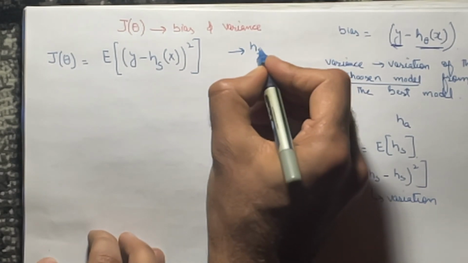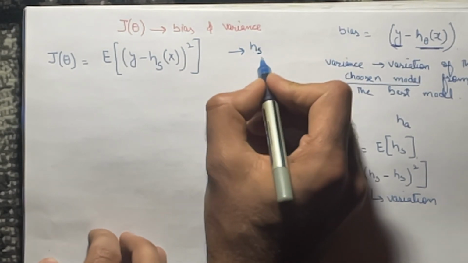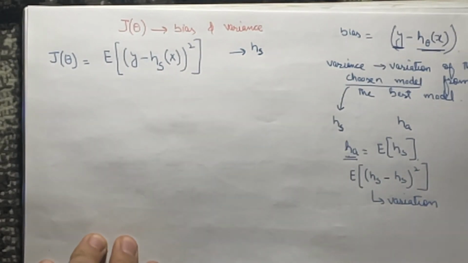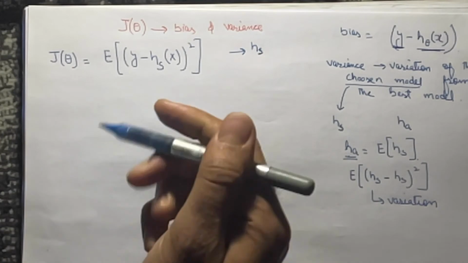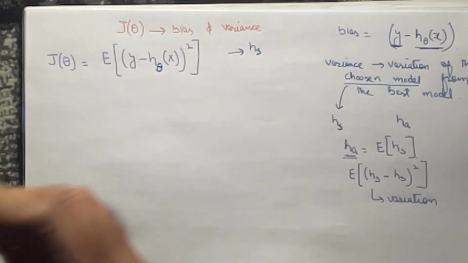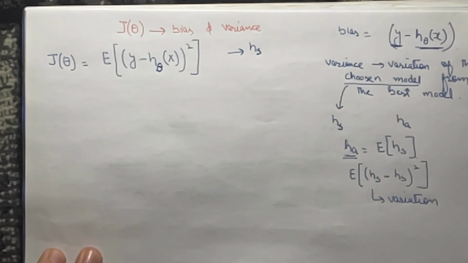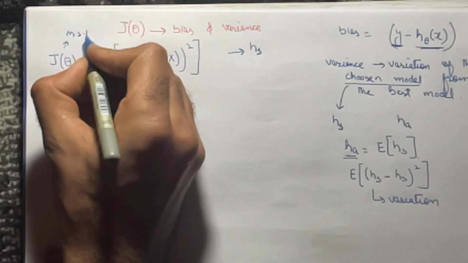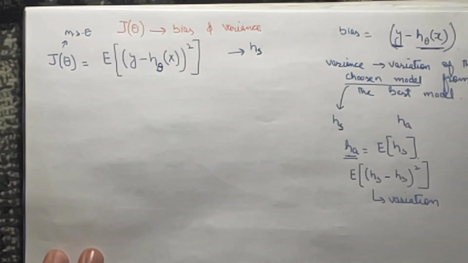There are different possible models, and if I choose one of them, then its error will be like this. So this is our error, or we can say the mean square error, the error that we have to reduce to find the optimal set of parameters.